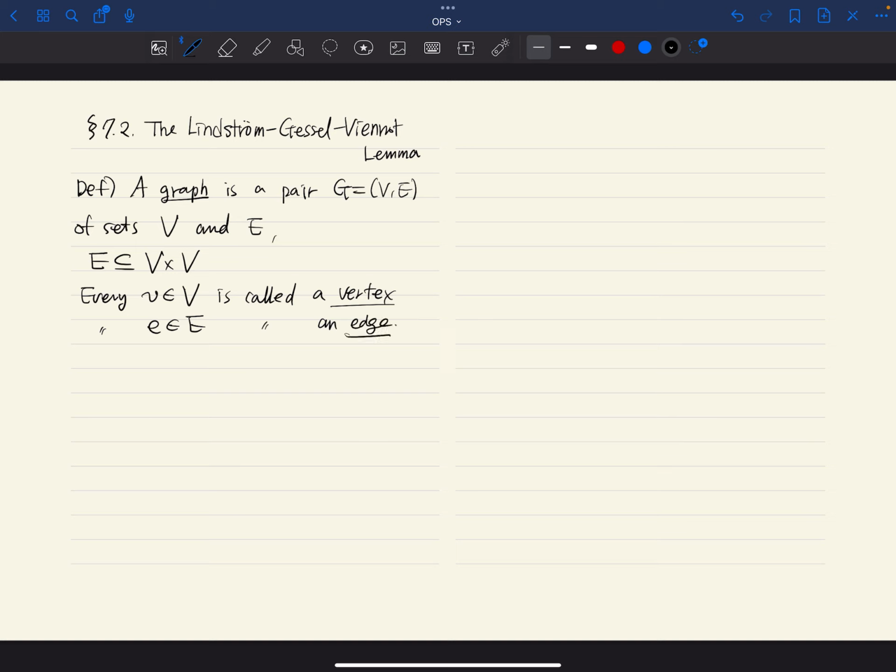Okay, so basically a graph is an object consisting of vertices and edges, where an edge is a pair of two vertices.